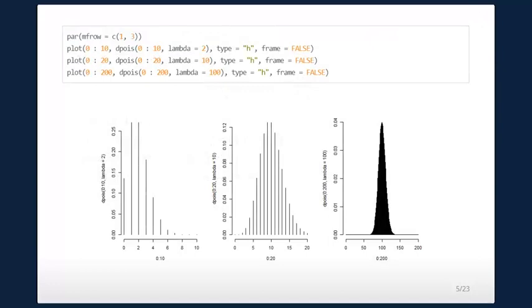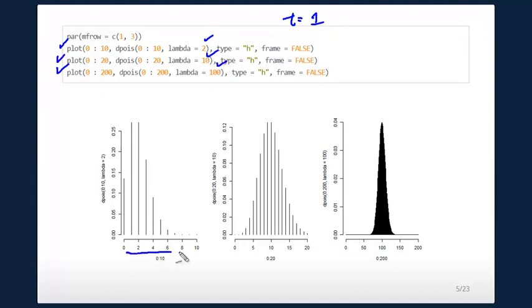Let's look at the Poisson distribution for a couple of different values. Here I'm plotting a Poisson with a lambda of 2, and in all these cases t equals 1. Here I'm plotting a lambda of 10, and here a lambda of 100.